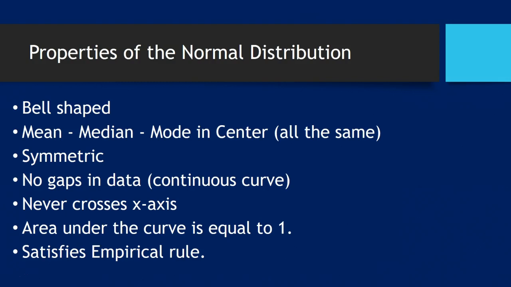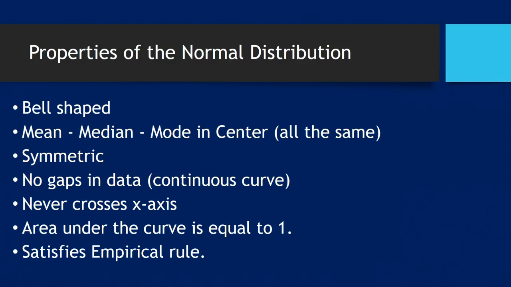So here's where we get into the properties of the normal distribution. All right, most of these we've seen before, but I just want to state them aloud before we move on. So the normal distribution is the bell-shaped curve. We know that the mean and median and mode are all in the center of that curve, and they're all the same number. We know that the normal distribution is symmetric. Now, here's one that works differently than Chapter 4.